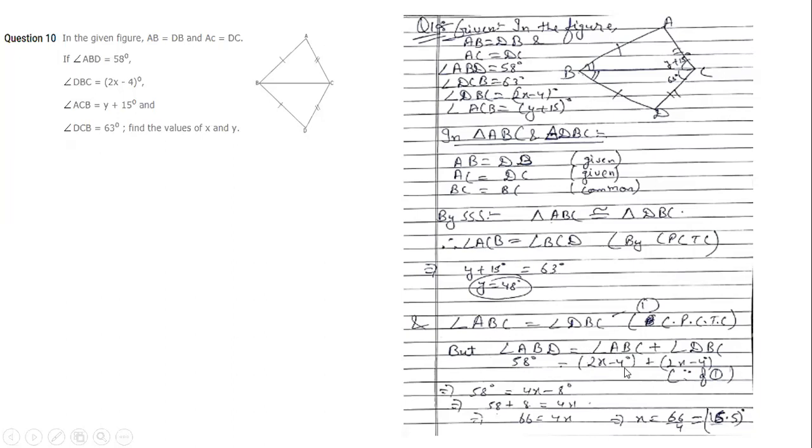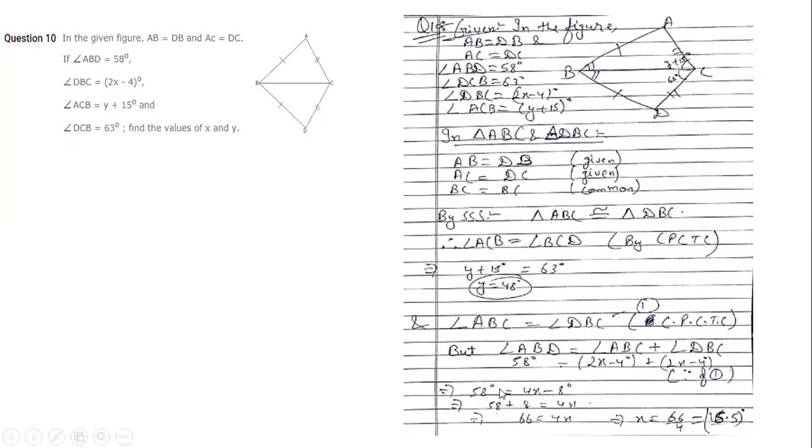That means if ABC is equal to DBC, so the value of ABC will also be 2x minus 4 degrees, the same as that of angle DBC. So put that value: 2x minus 4 degrees plus 2x minus 4 degrees. 2x plus 2x is 4x, minus 4 minus 4 is minus 8.